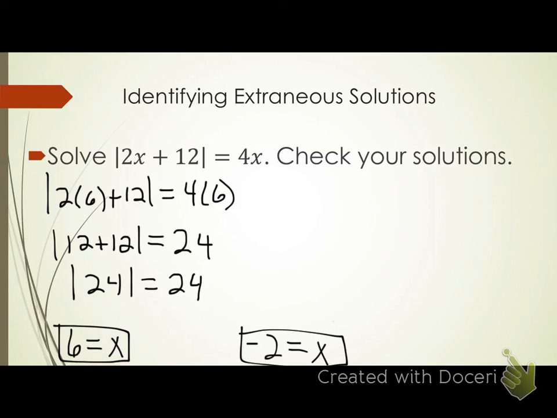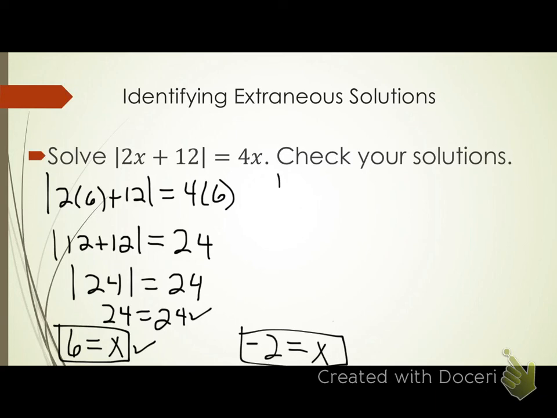And then the absolute value of 24 gives me 24. Does 24 equal 24? Yep. So I know 6 is a solution. So it's not no solution in this case, right? I do have a solution. Let's check the other one to see if we have two solutions.